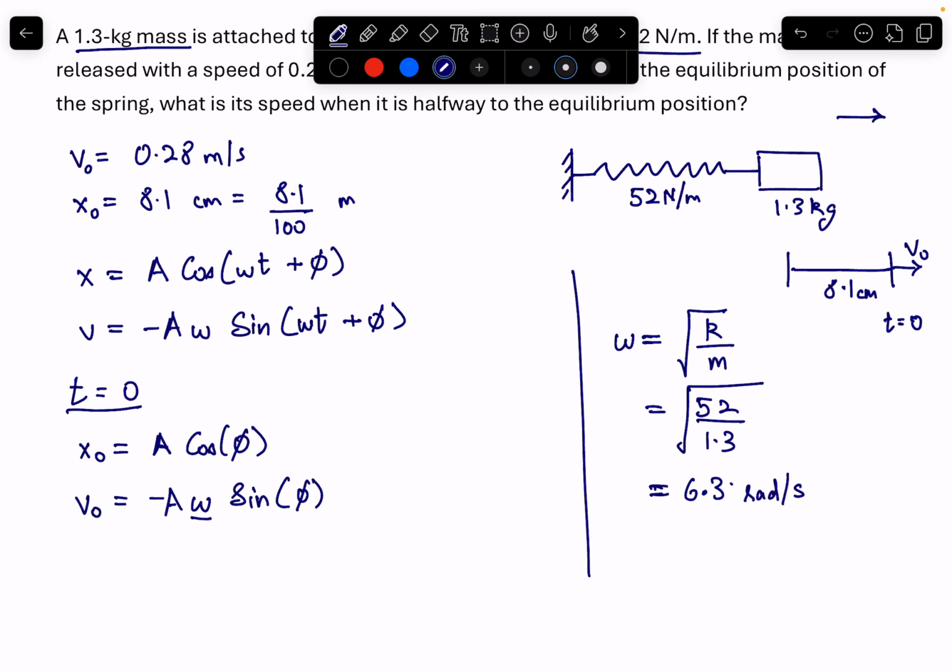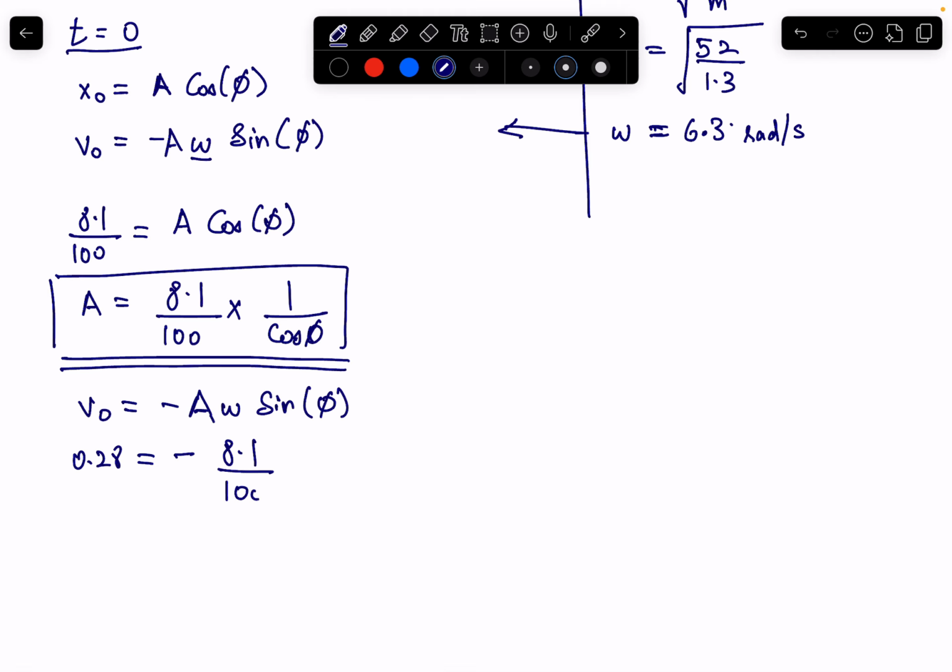That makes it 8.1 divided by 100 multiplied by 1 divided by cosine phi, times omega, 6.3, times sine of phi.